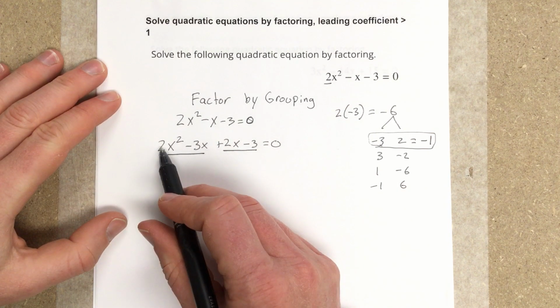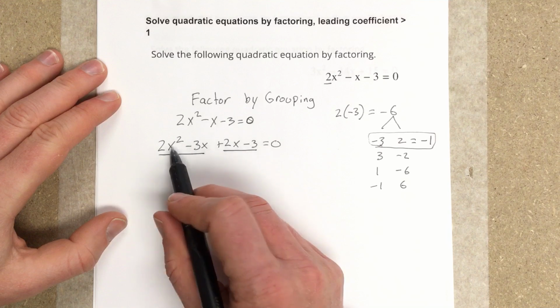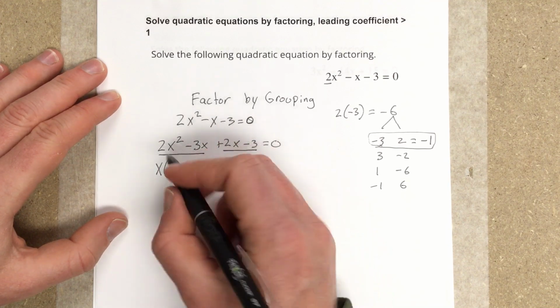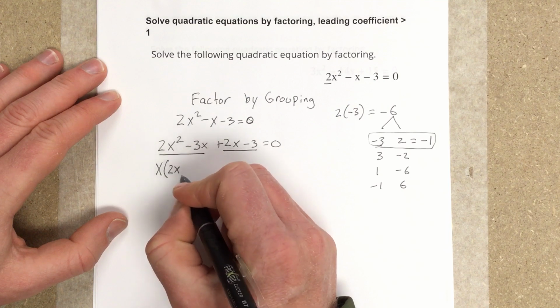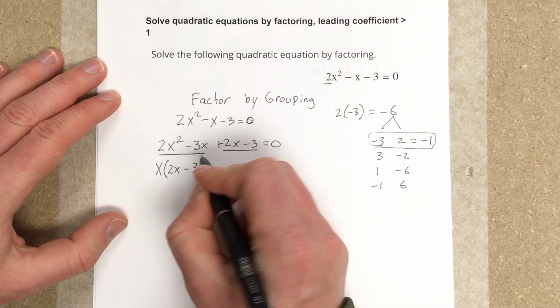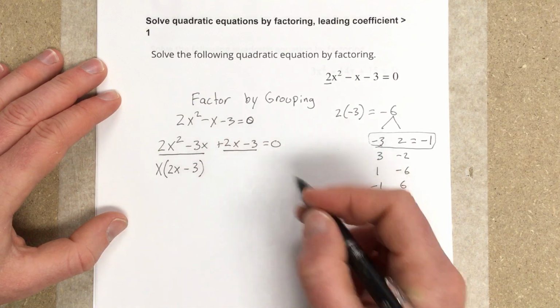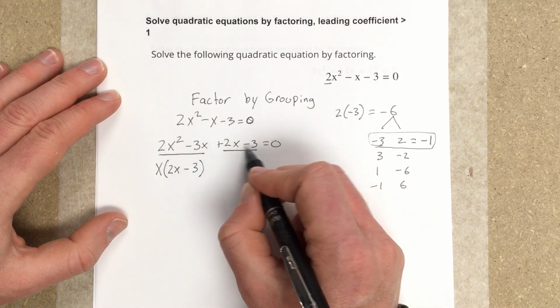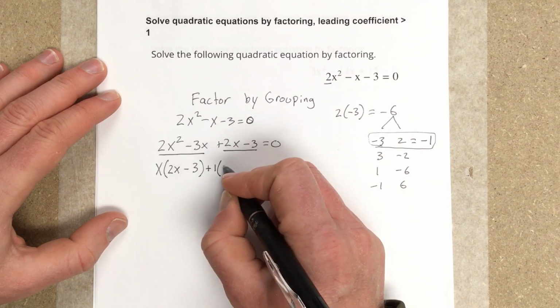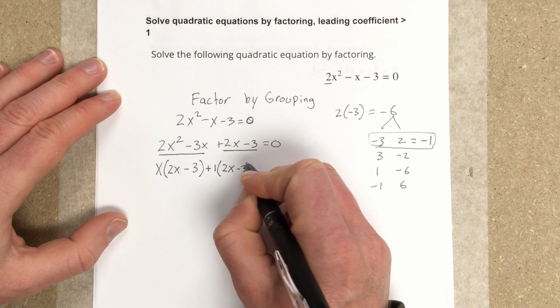So I'm going to factor an x out of the first 2 because they both have an x in them. So I have x, and when I factor it out, I'm essentially dividing it out. So I end up with 2x when I divide by x, minus 3 when I divide 3x by x. Now the second pair is already 2x minus 3, so what I'm factoring out is just a positive 1. So I have plus 1 times 2x minus 3.